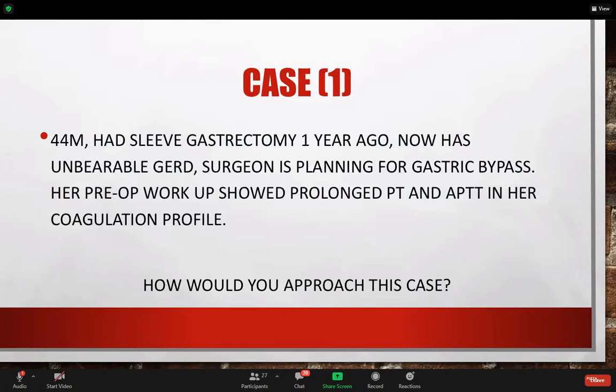Let's jump to case number 1. A 44-year-old male with history of sleeve gastrectomy 1 year ago now has unbearable GERD, severe GERD, and the surgeon is planning to do a gastric bypass.